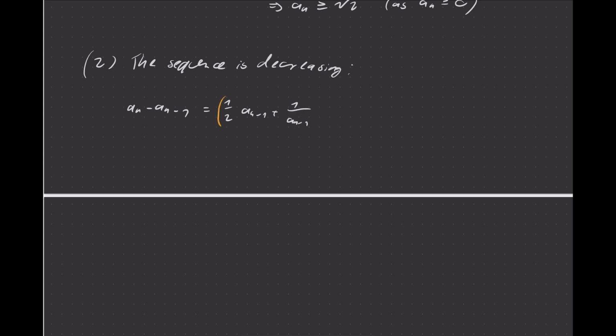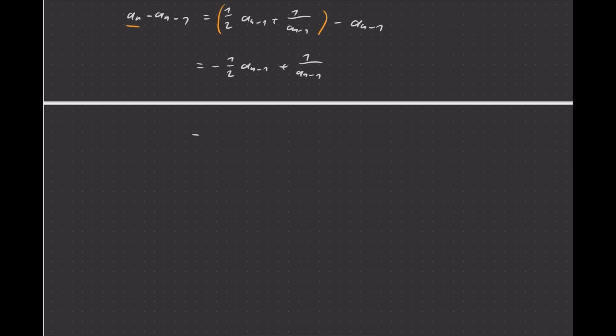Right, so this here, this is a_n minus a_{n-1}. So what we have is half a_{n-1} minus a_{n-1}. So that's equal to minus 1/2 a_{n-1}. And that second sum, we just copy that.